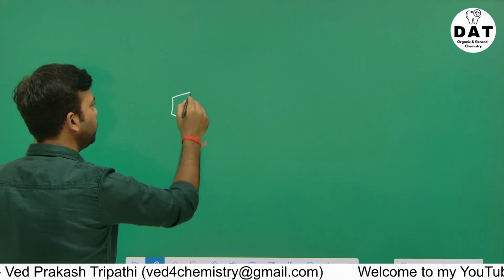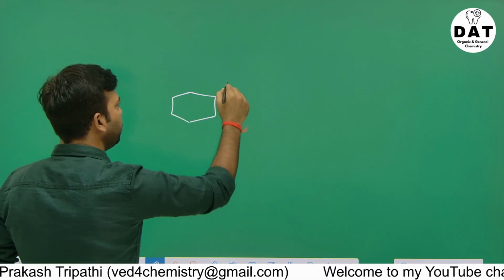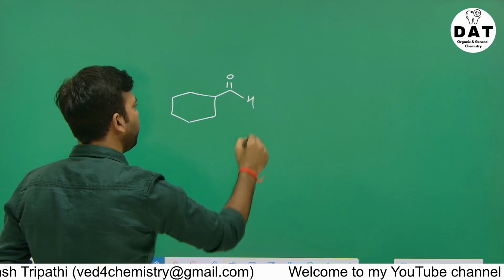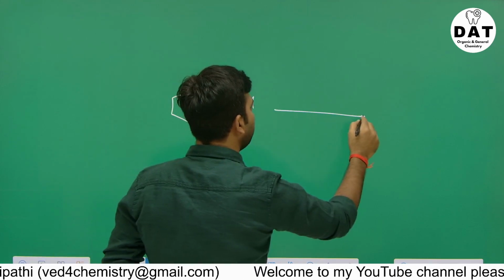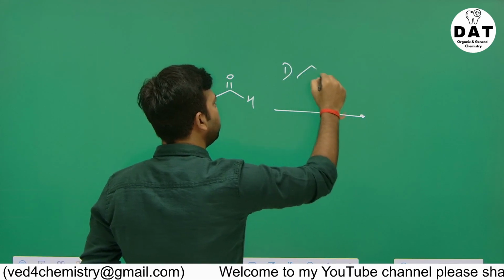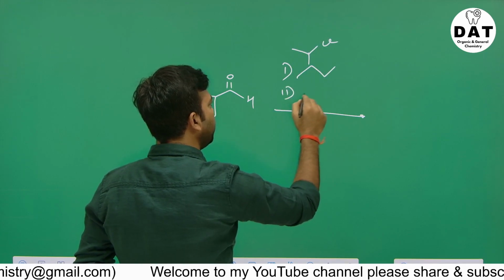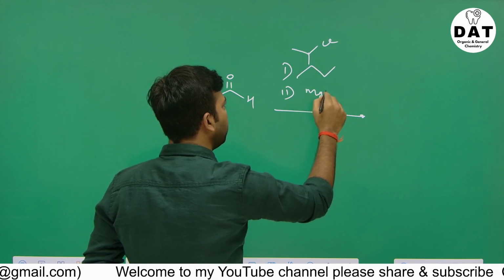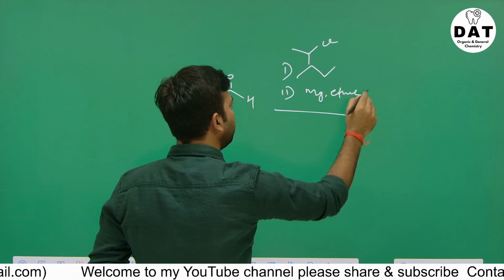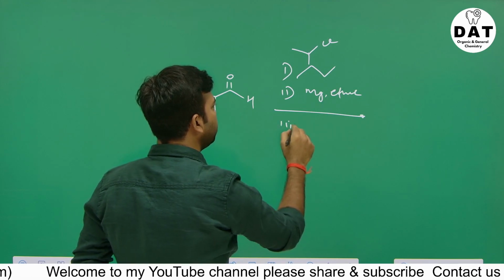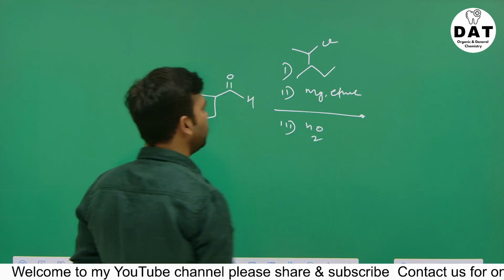Suppose a question, suppose this is my alkyl halide, suppose Cl, it is treated with Mg in the presence of ether, and third one is H2O. What should be the product?